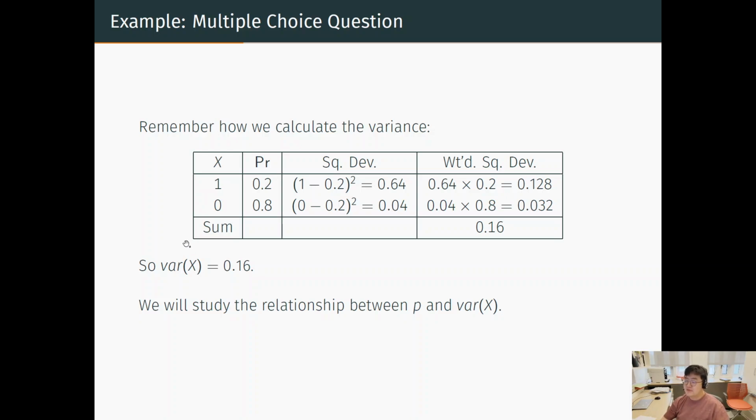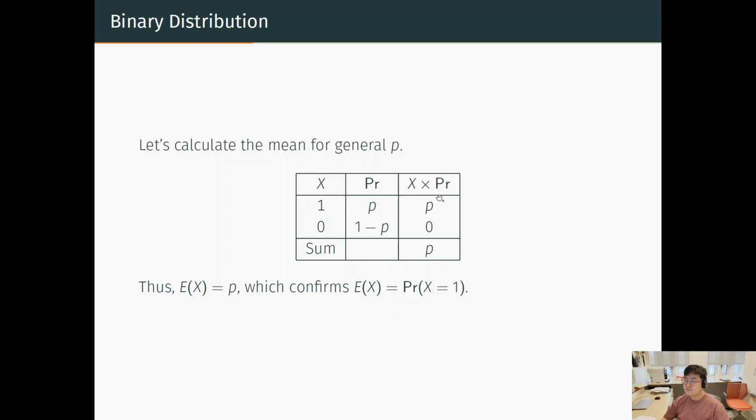So now I'm going to study what this means, where this number is coming from. To study that, we can generalize that algebra to an unknown p. Suppose that the probability is unknown, but denoted as p, and then the mean can be calculated in the same way: outcome times probability p, plus outcome times probability 0.